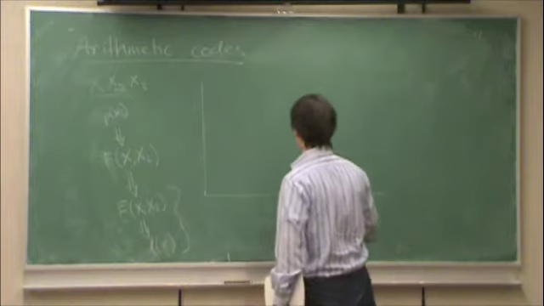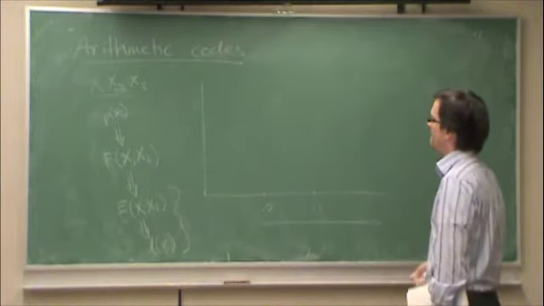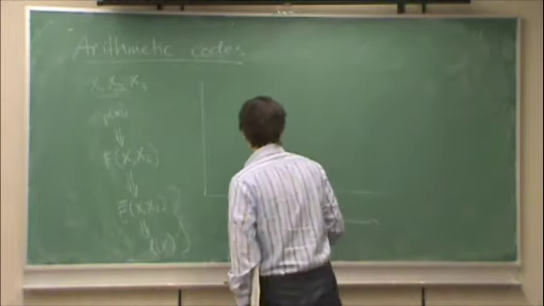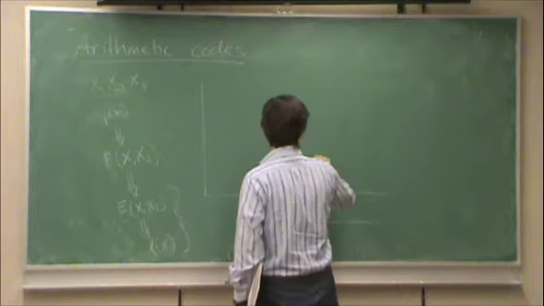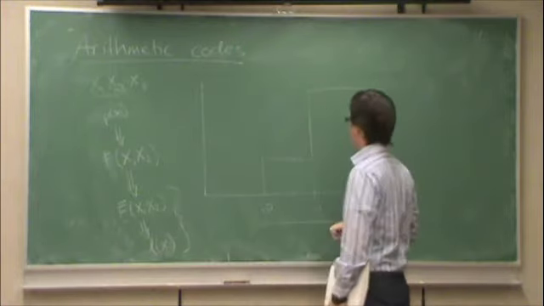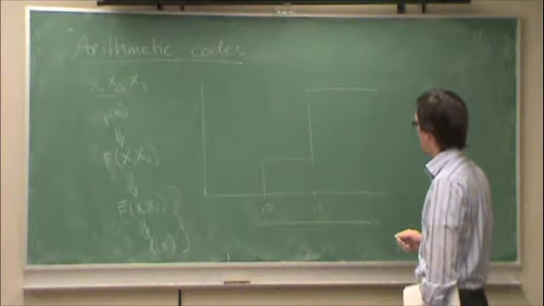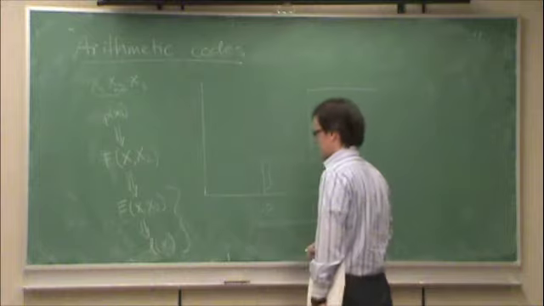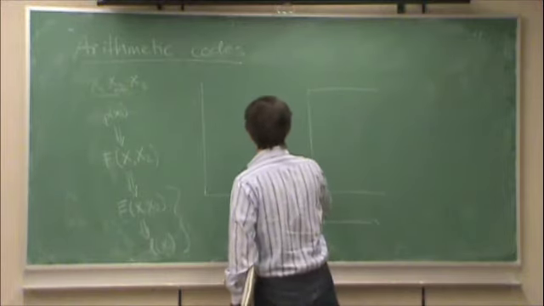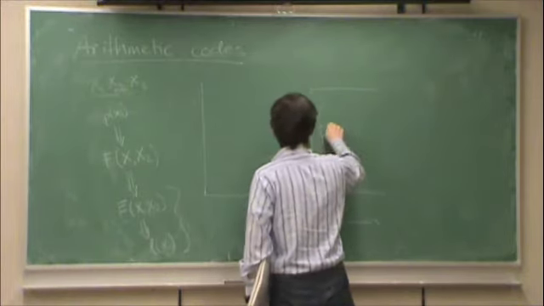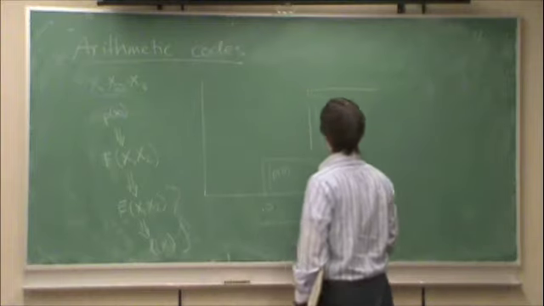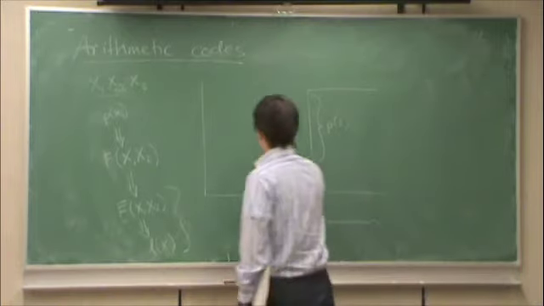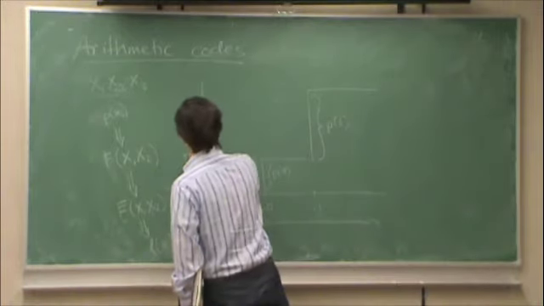My f of x looks like this, where the length of this interval is p0, and the length of this interval is p1. And this here is f0.